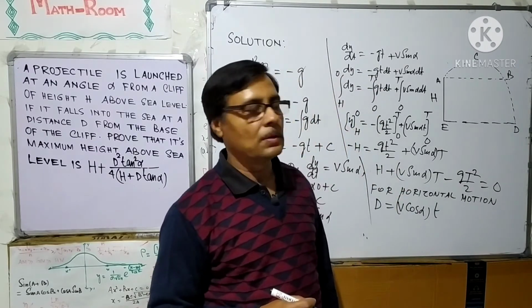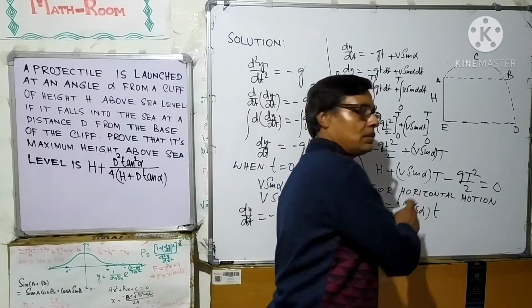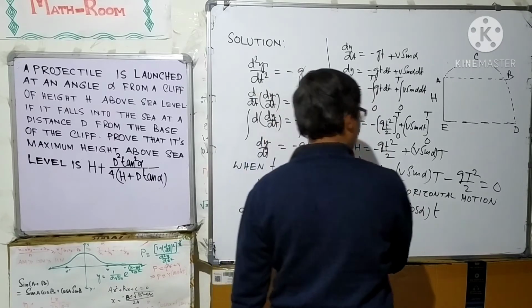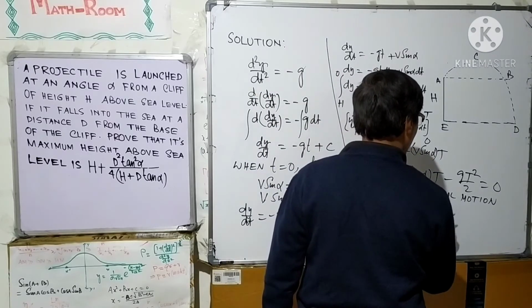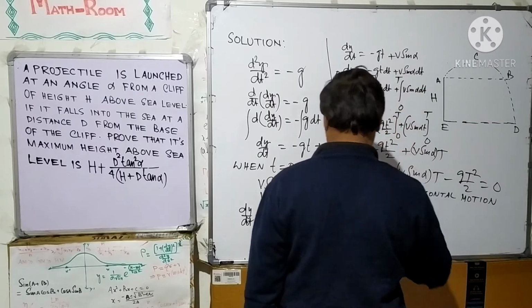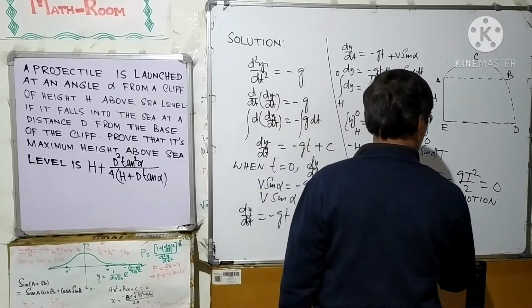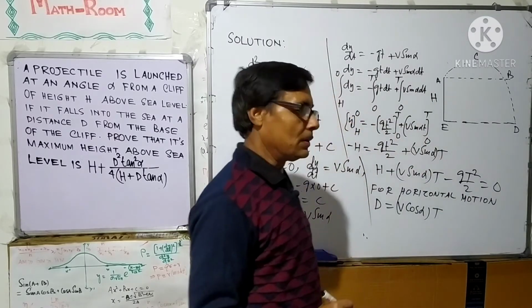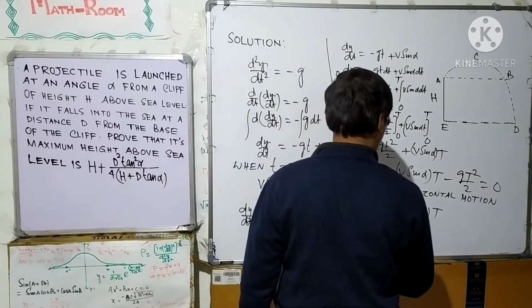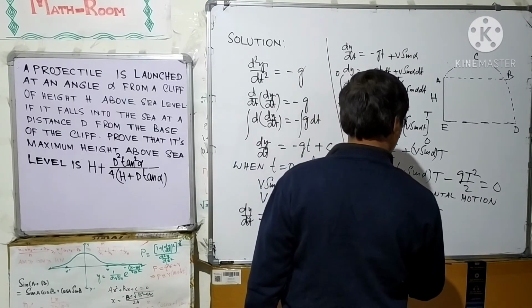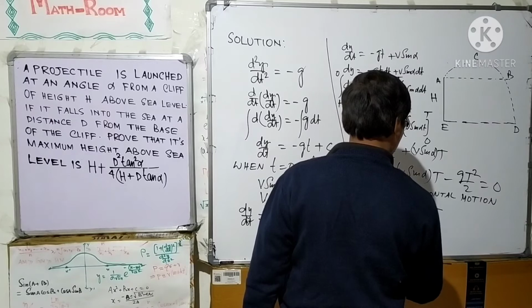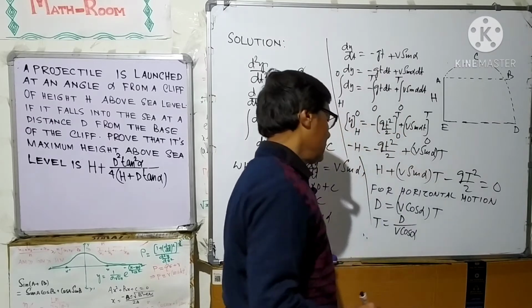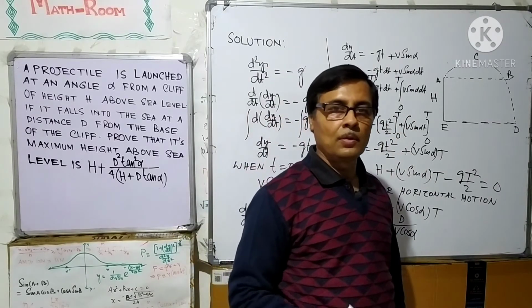So displacement equals velocity into time, and here time is also capital T. So T equals D over v cos alpha.